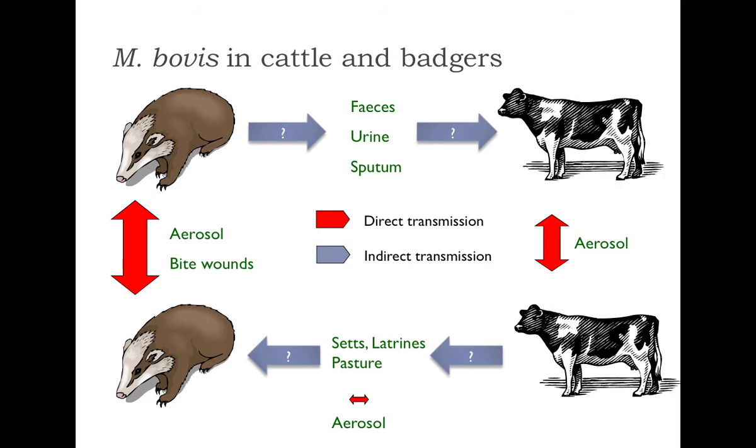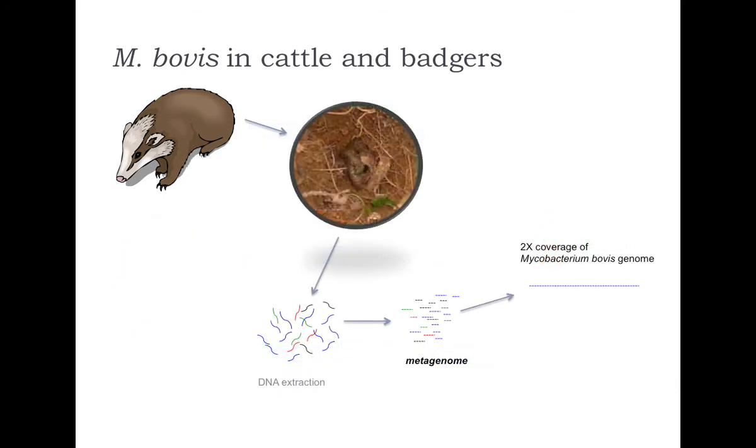And Liz is very interested in trying to actually get a feel for how much M. bovis is in the environment and how much is being shed by badgers in their feces. So she said, well, can you have a look at some badger feces for us? And so we did the metagenomics of badger feces. Strange things we do for a living, but there we are. We extracted DNA from badger poo.